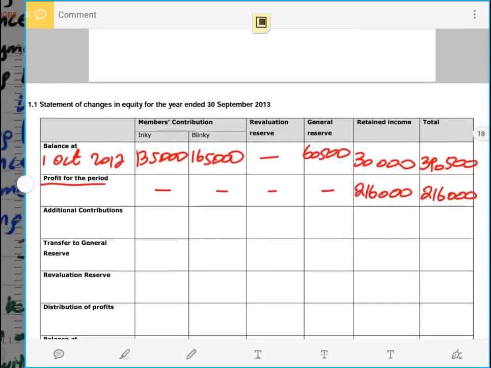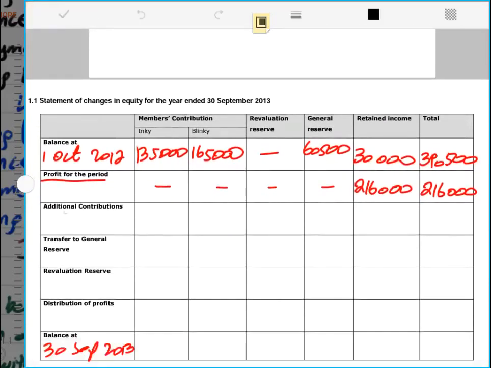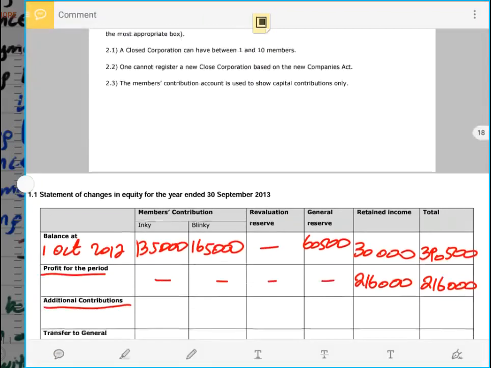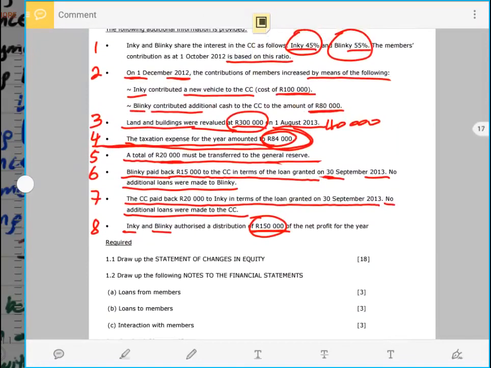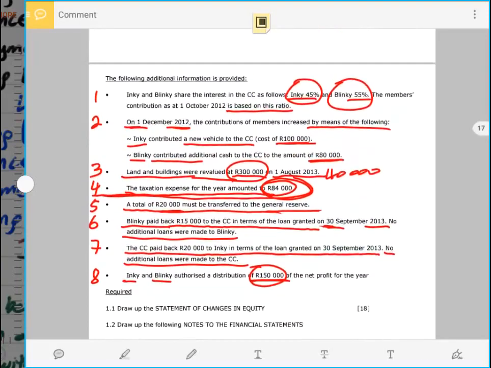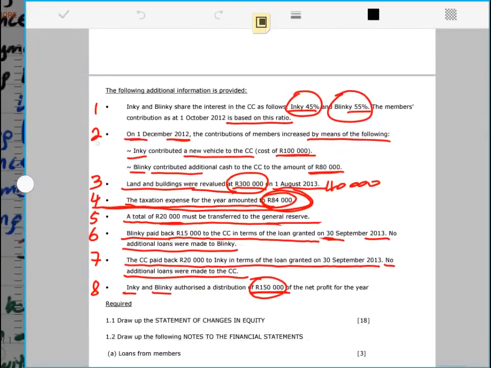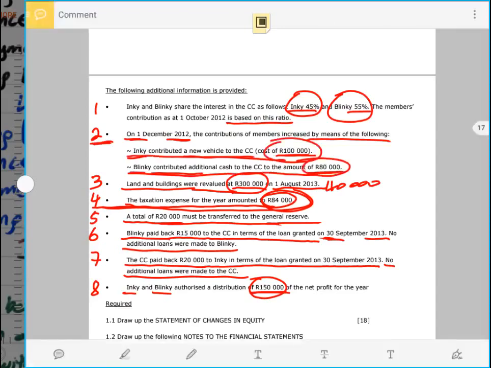Then after we have additional capital, additional contribution, which is a member's contribution, and there was an adjustment that told us about the contribution, and that was bullet point number 2, where we were told that Inky contributed a new vehicle to the value of 100,000 rands, while Blinky contributed cash to the close corporation to the amount of 80,000 rands.